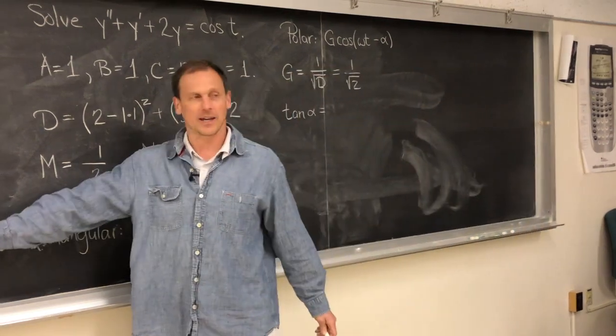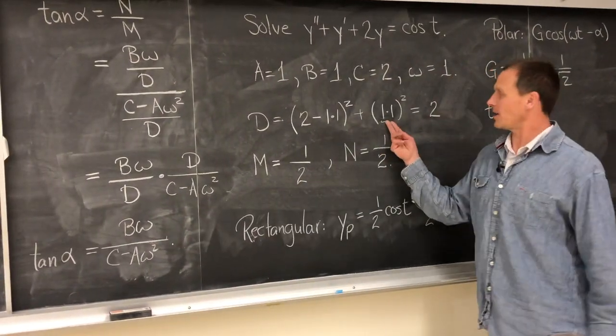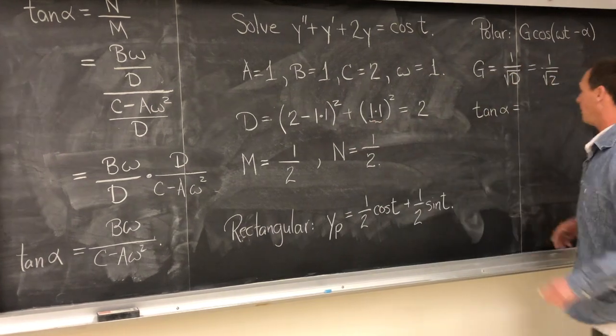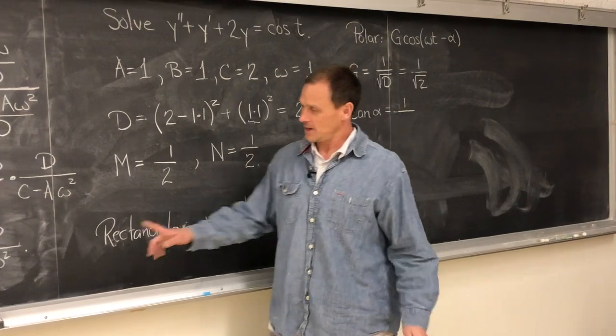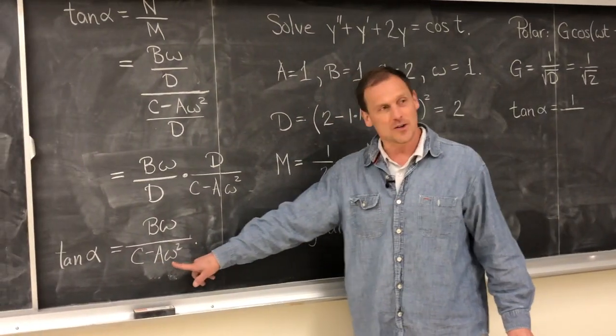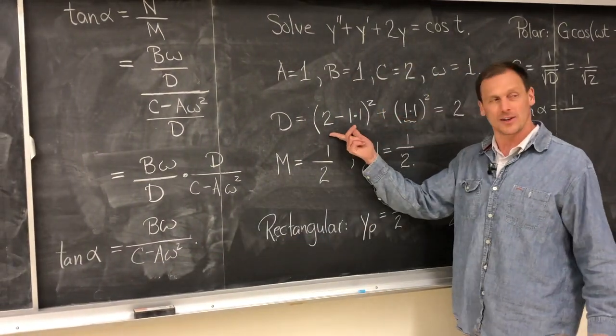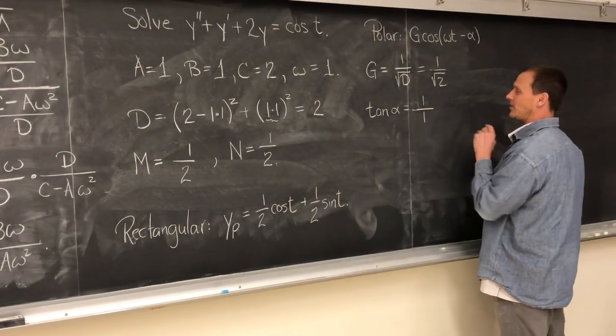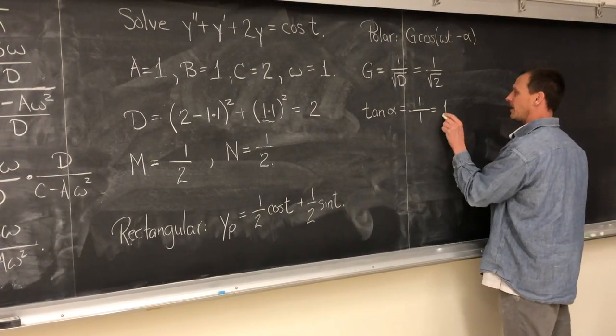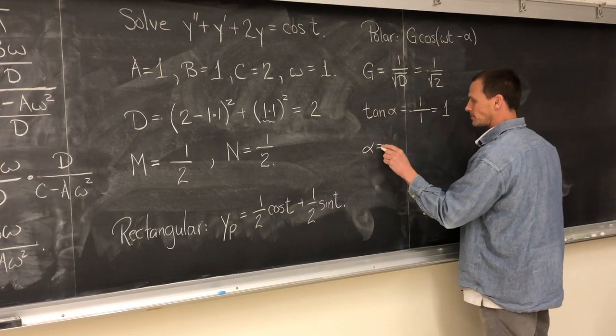It's B omega. B omega we calculated here. That's 1 times 1. And then our denominator is C minus A omega squared. That's this piece here. That's also 1. So tangent of alpha is just 1. That's alpha is pi over 4.